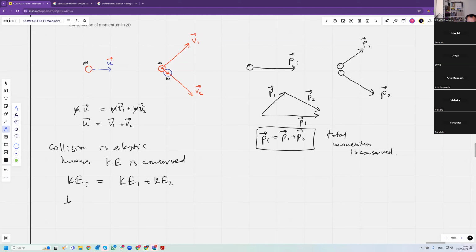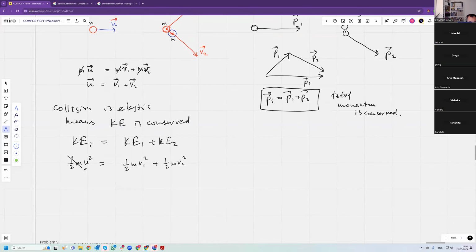If you write this down, 1/2 mu squared equals 1/2 mv1 squared plus 1/2 mv2 squared. As you can see, the 1/2 m cancel, and we have u squared equals v1 squared plus v2 squared.